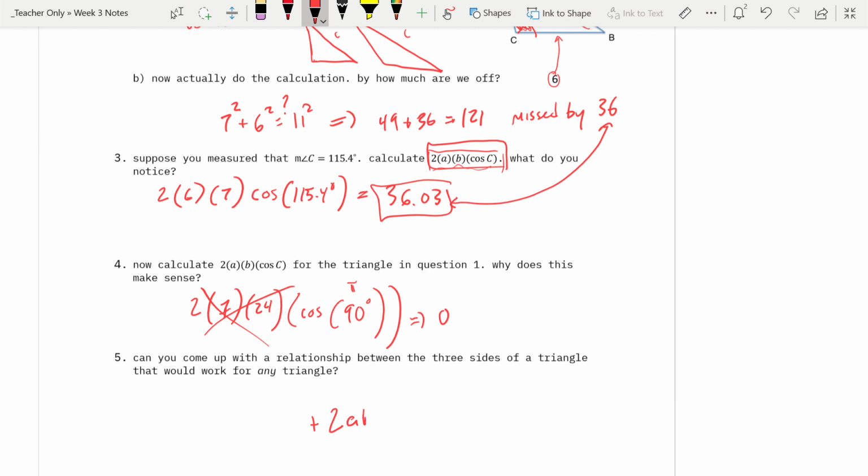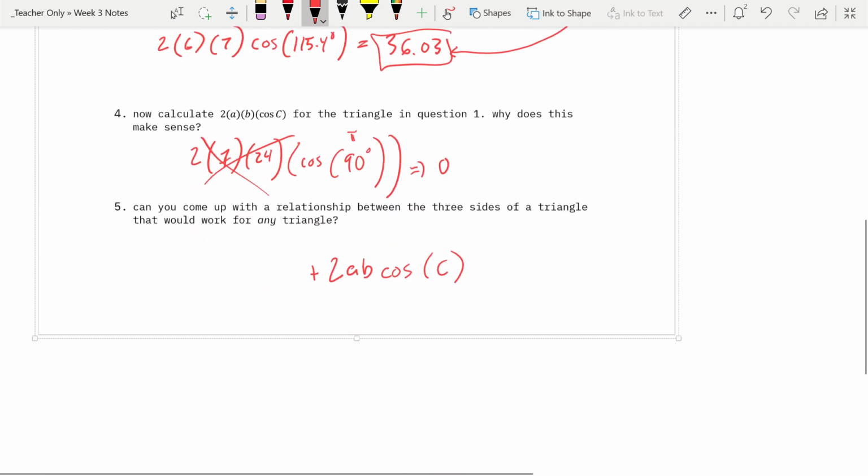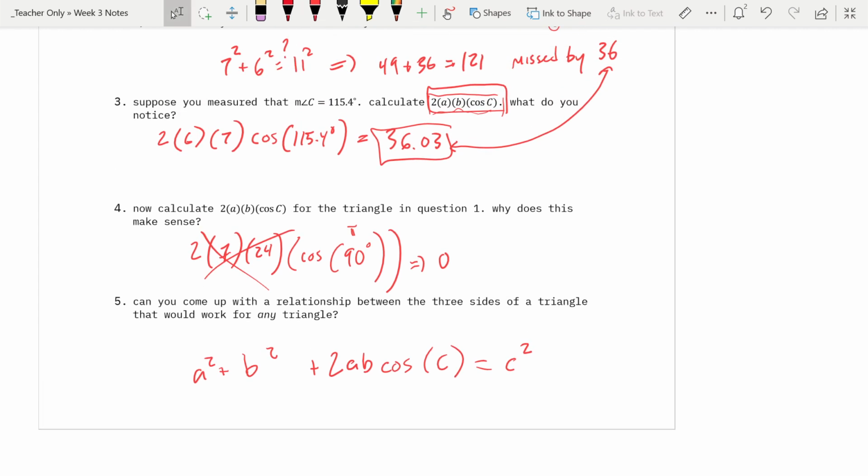So AB cosine of C was in fact equal to our side C squared, and we had to square A and square B. So A squared plus B squared plus 2AB cosine of C ended up as our side C squared. Now, I cheated a little bit.